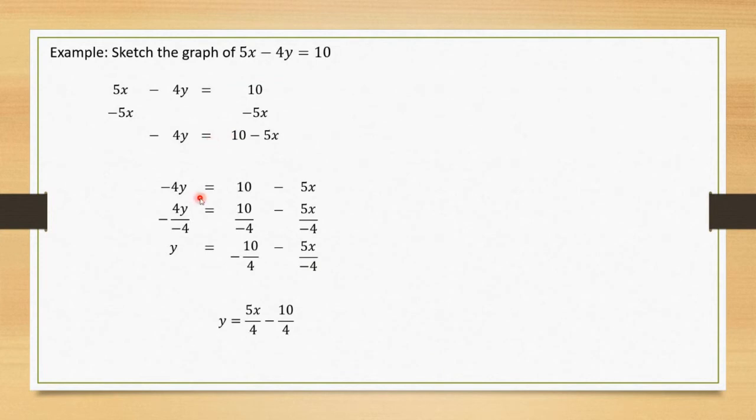Then from here, I want to get y, not minus 4y. So I divide everything by minus 4. Over here, the minus 4s are gone. We're left with y. Here, we get minus 10 over 4 minus negative 5x over 4.